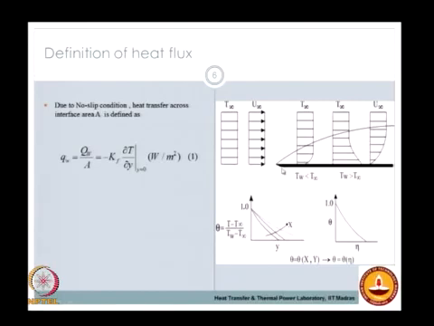So if you consider flow past a flat plate here, assume that you have a free stream velocity u infinity and a free stream temperature T infinity approaching the plate, and once the flow encounters this plate you will find a growth of what is called a boundary layer, which is gradually growing in thickness as it goes downstream, and therefore you will have a gradual development of the velocity and the temperature profiles.